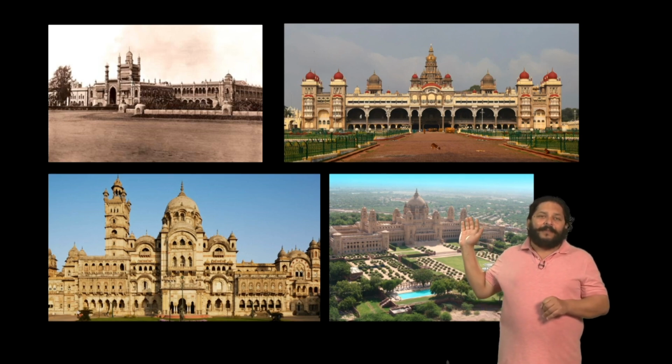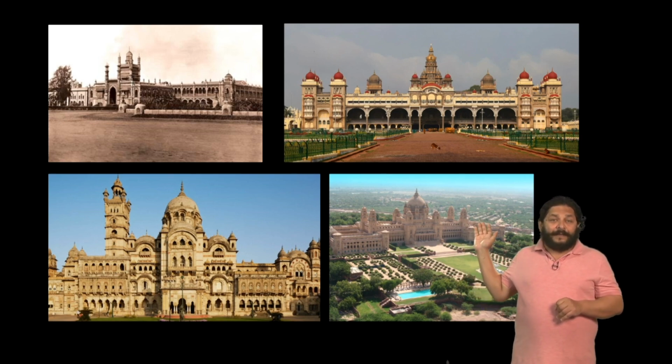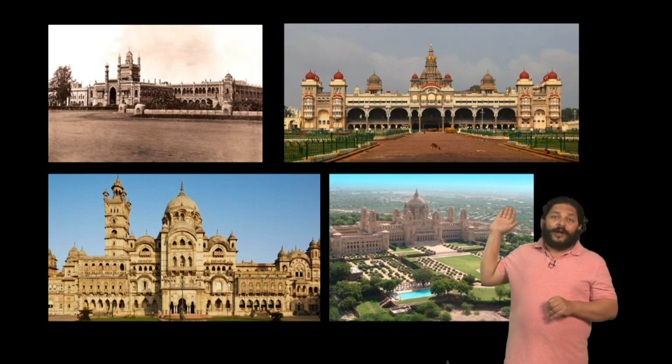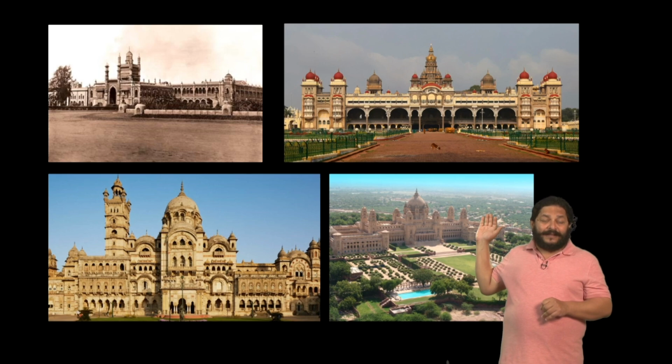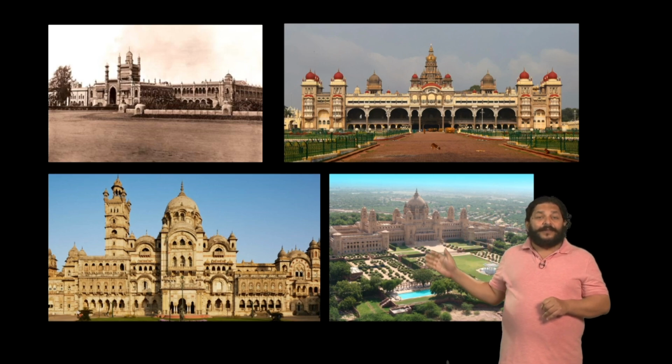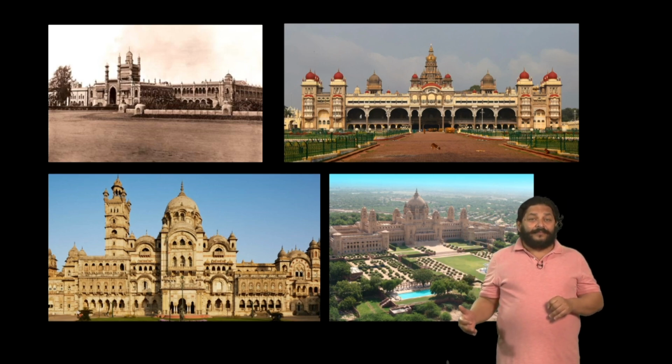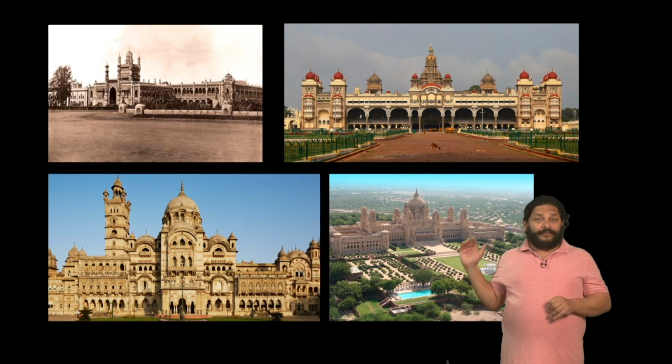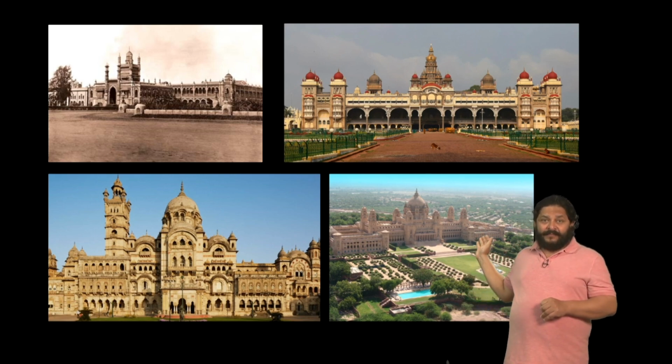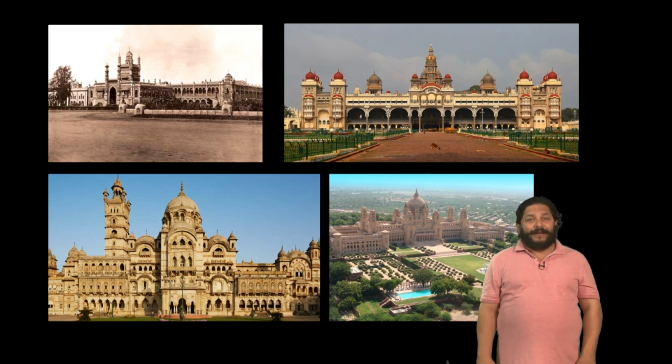Here you have on top left the palace at Chepauk in Madras, now Chennai. On the top right, you have the Mysore Palace. On the bottom left, you have the Lakshmi Vilas Palace in Baroda. And right here, on the bottom right, you have the Umaid Bhavan Palace in Jodhpur.